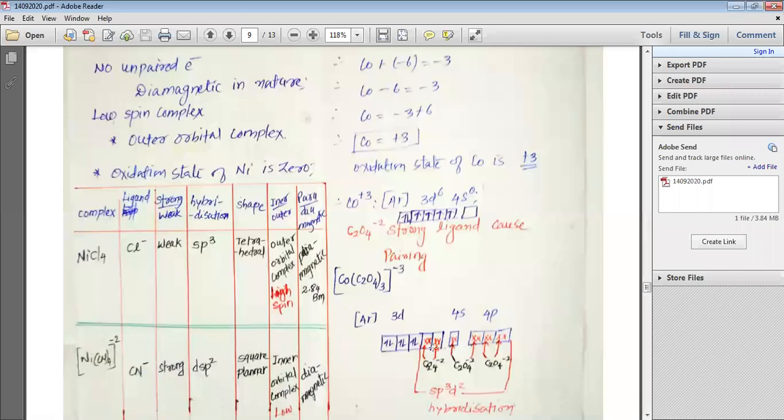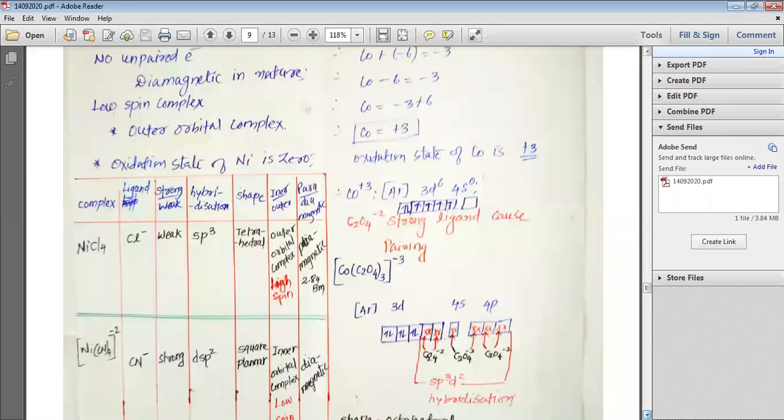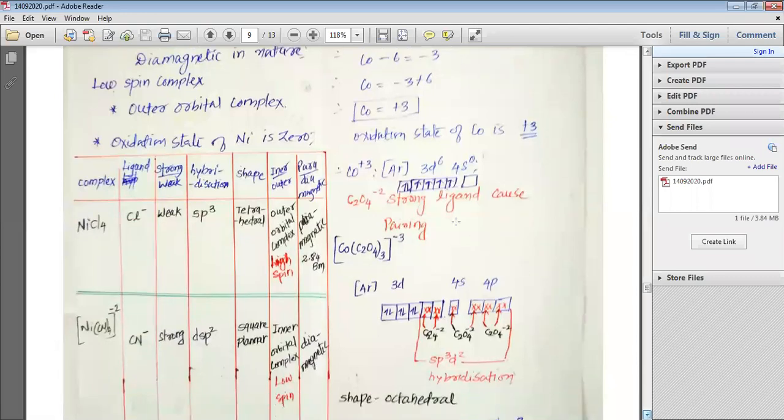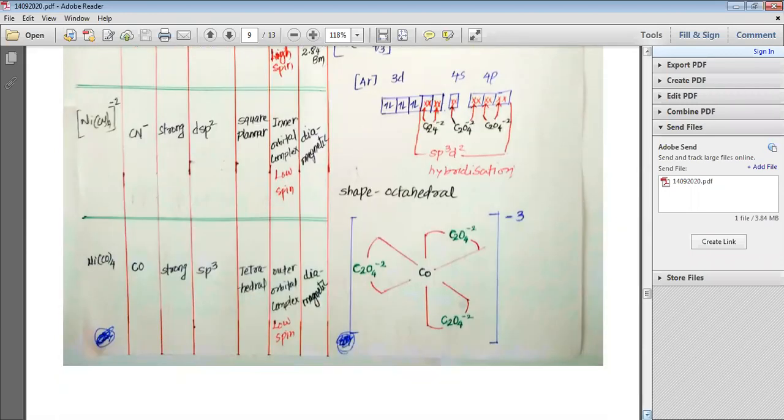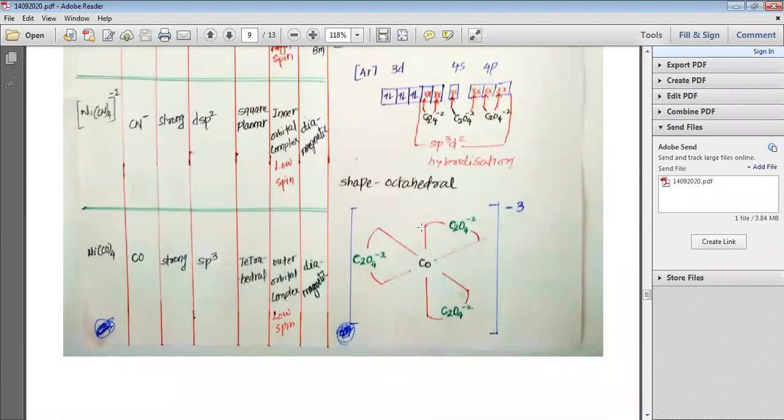Using these 2 vacant 3d orbitals, one 4s orbital and three 4p orbitals, sp3d2 hybridization takes place, and this bidentate C2O4 2- oxalato ligand donates its 2 pairs of electrons into the vacant sp3d2 orbitals, and this is how we can understand the octahedral shape of the trioxalato cobalt(III) ion.